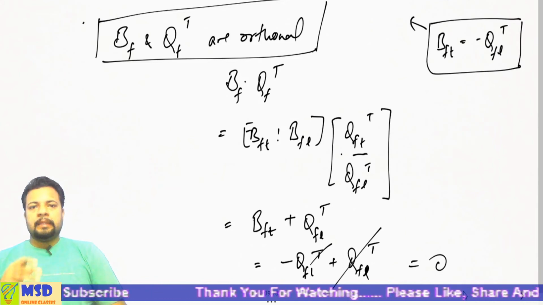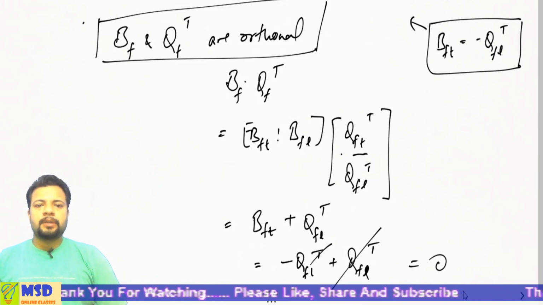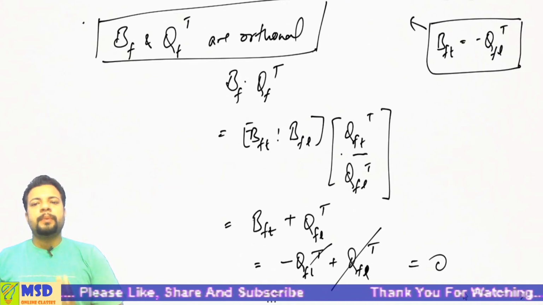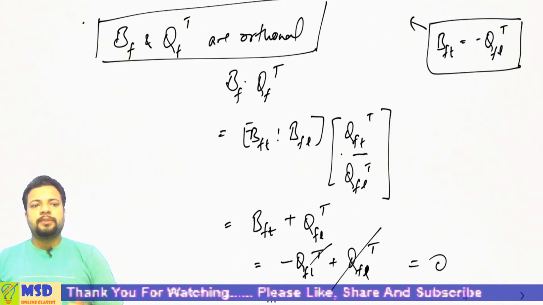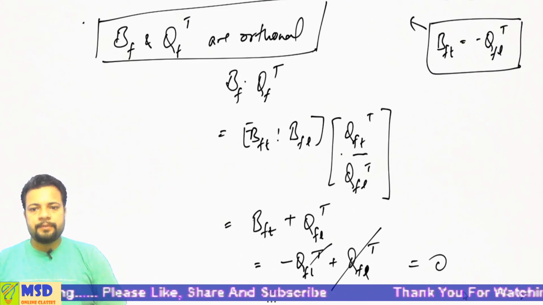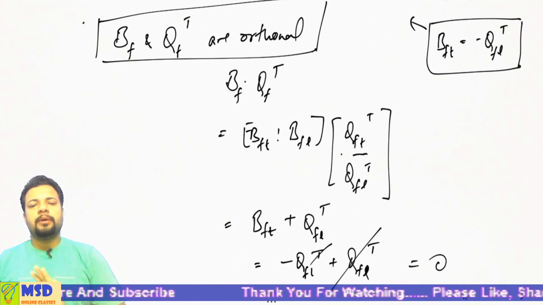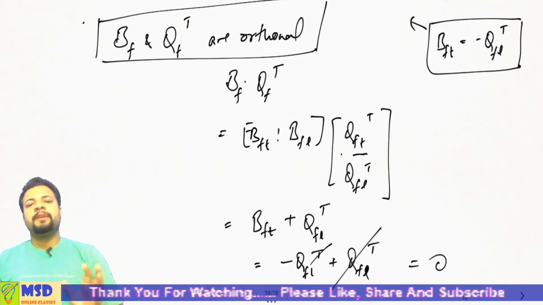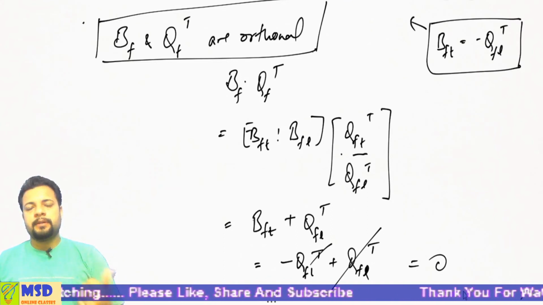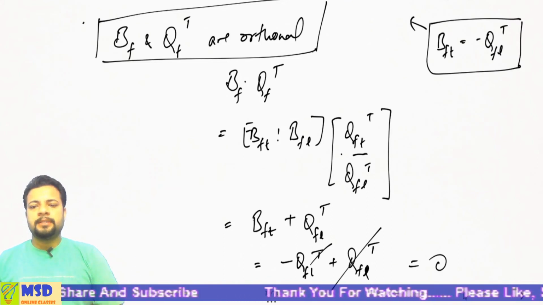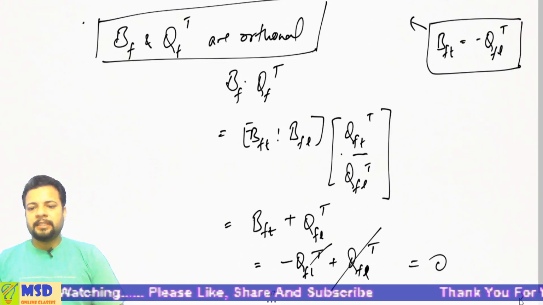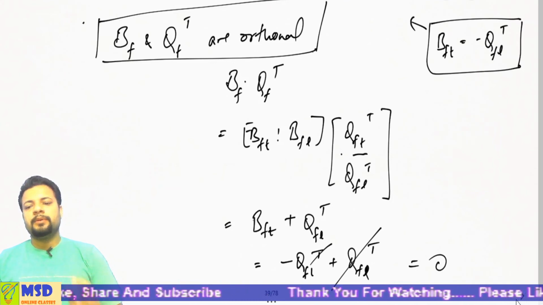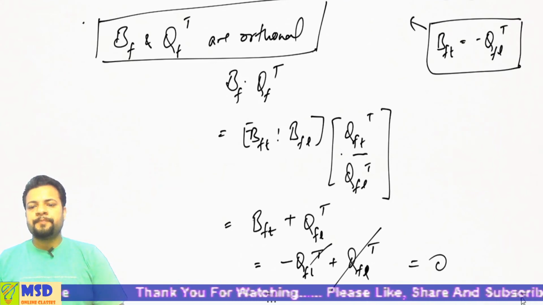In the next session I'll be talking about loop and nodal analysis, the actual method to analyze a network using graph theory. We have completed all the interrelationships between various matrices developed in the third session of our network analysis. You can watch all these sessions, and then we'll go for loop and nodal analysis.